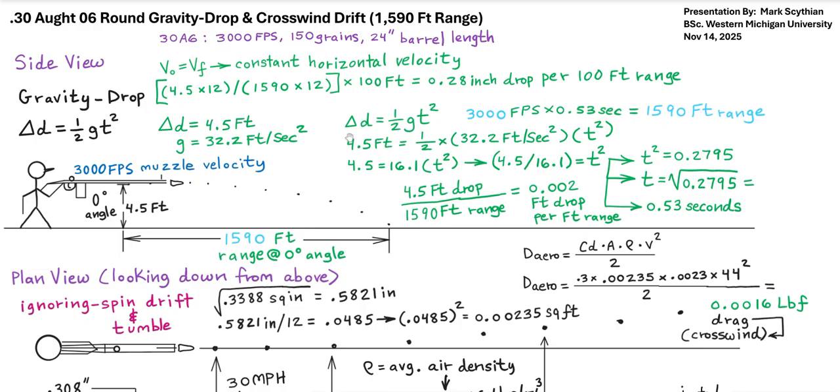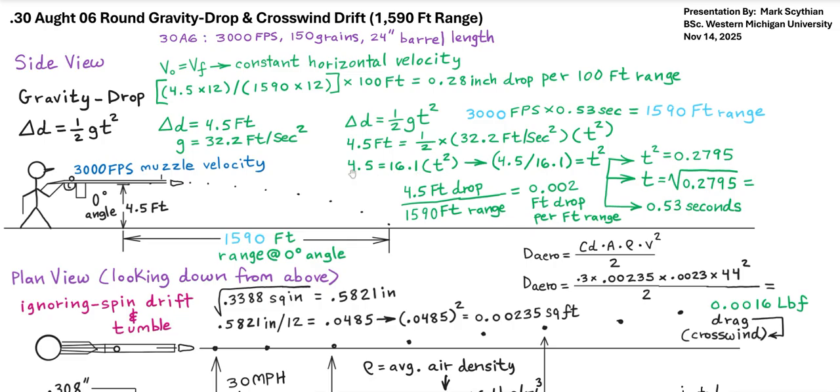So we input consistent units. 4.5 feet is equal to 1/2 times 32.2 feet per second squared, gravitational acceleration on Earth vertically downward, then times t squared. So by substitution, 4.5 is equal to half of gravity, 16.1, times t squared.